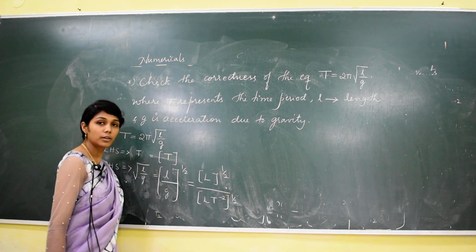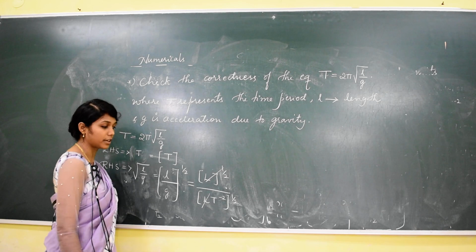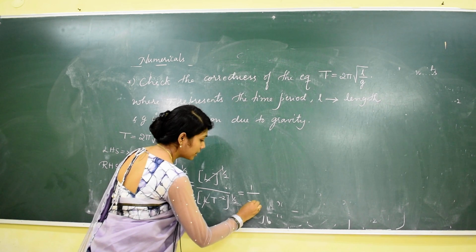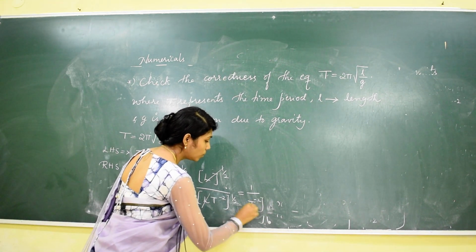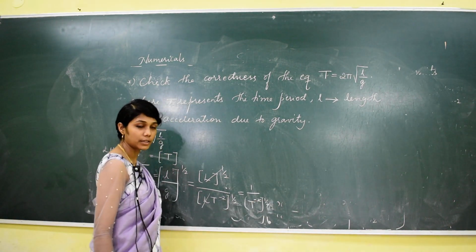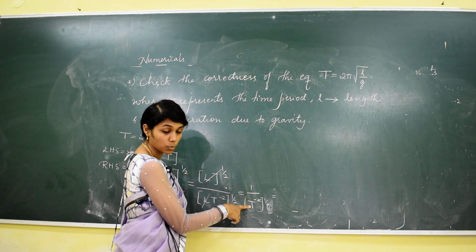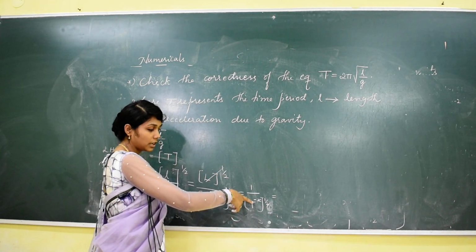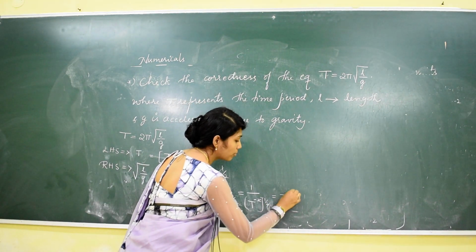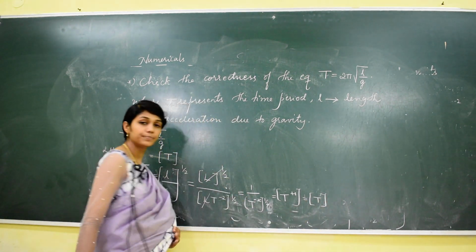So here L to the half and L to the half, what happens? They cancel. So you get 1 over T to the power minus 2, whole to the power half. The 2 by 2 cancels, or this can be written as 1 by T to the power minus 1. If I take T to the power minus 1 to the numerator, it becomes T to the power plus 1, which again gives just T.